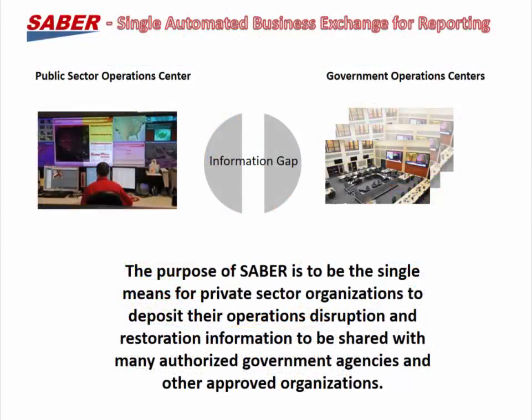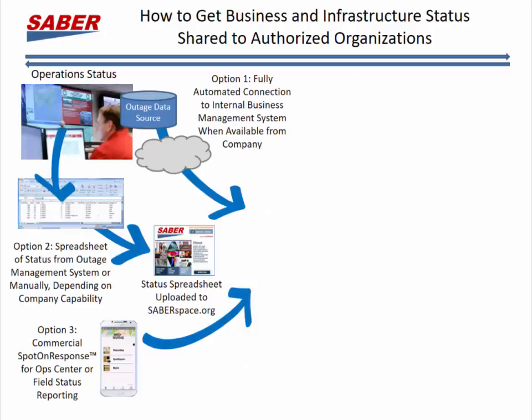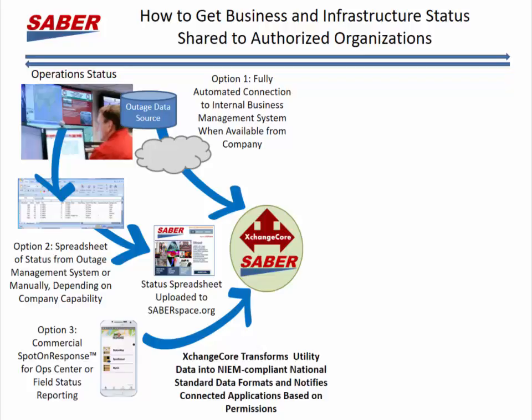Now let's take a look at a few applications of XchangeCore, beginning with Sabre, the single automated business exchange for reporting. Private sector and critical infrastructure have three different ways of getting information into Sabre through XchangeCore. There can be fully automated connections, a simple spreadsheet can be uploaded through the Sabre website, and a mobile app enables that capability. When that information gets into Sabre, which is based on XchangeCore, that information gets composed into an incident work product.